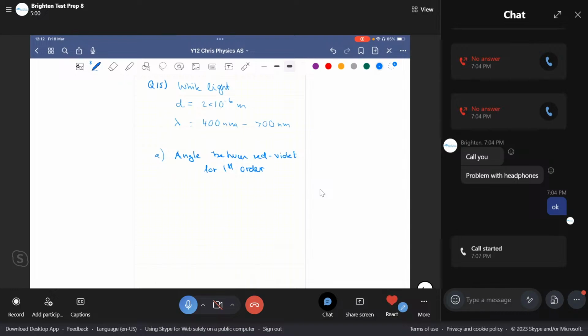Okay. Violet. So how do we calculate the violet angle of the diffraction?